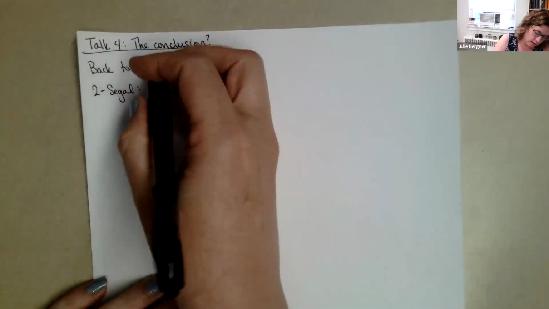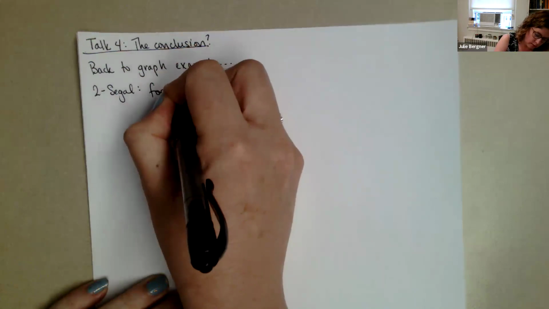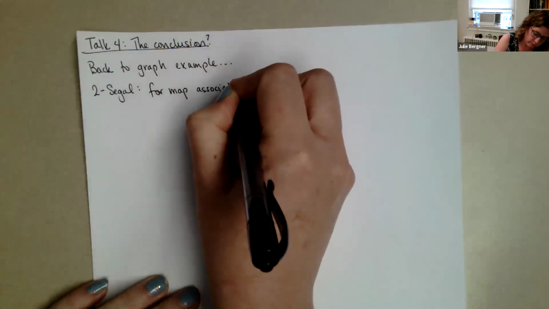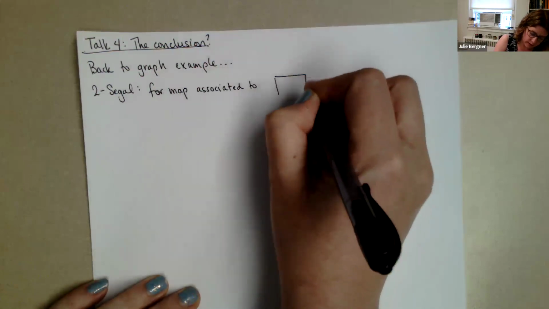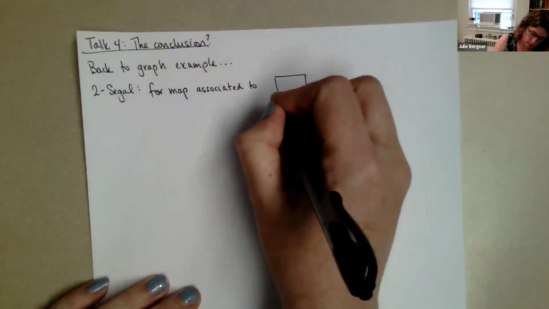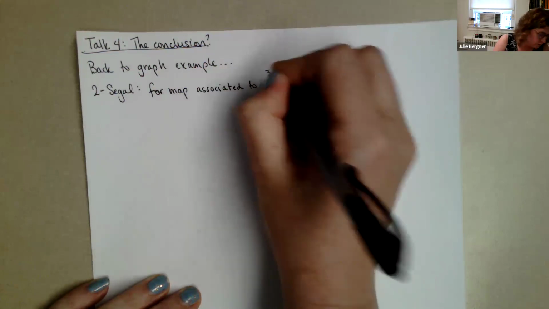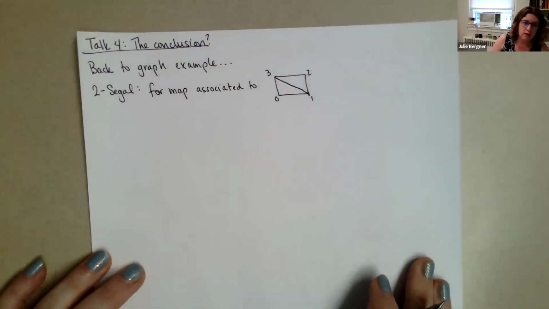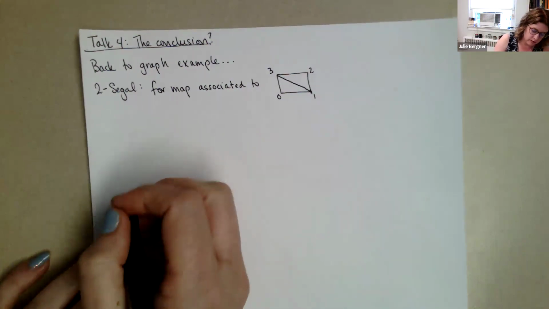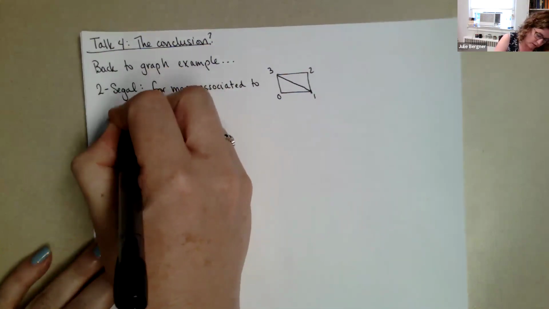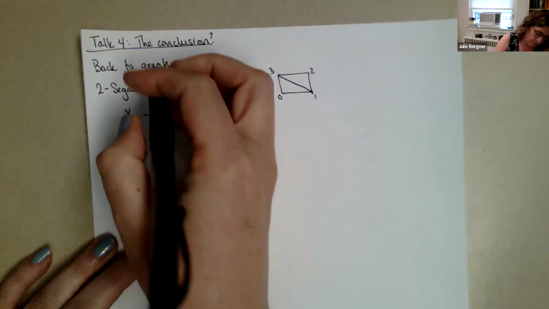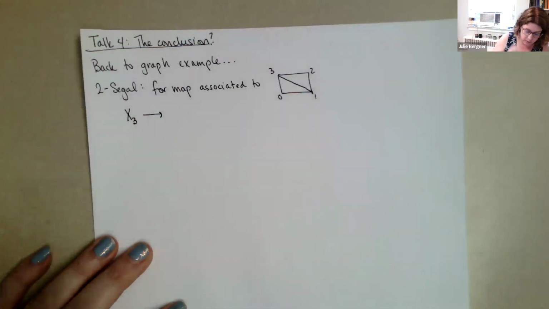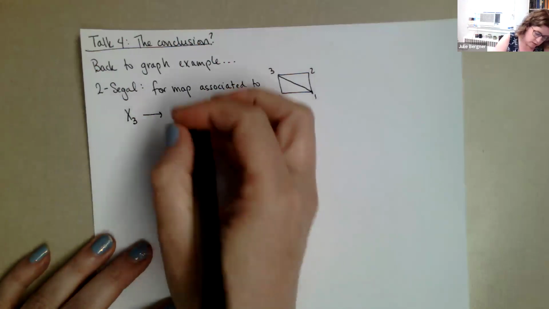So again, I'm going to use the two seagull map associated to the triangulation where we have an edge from 1 to 3. The two seagull condition here says that these are the faces in a 3 simplex given by D0 and D2.